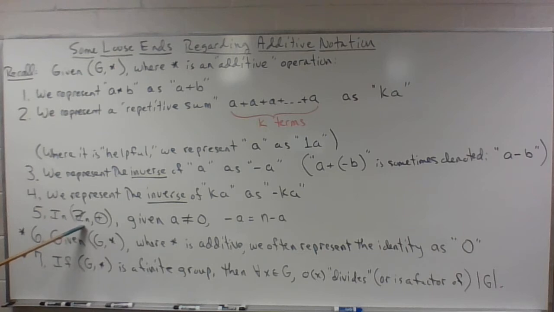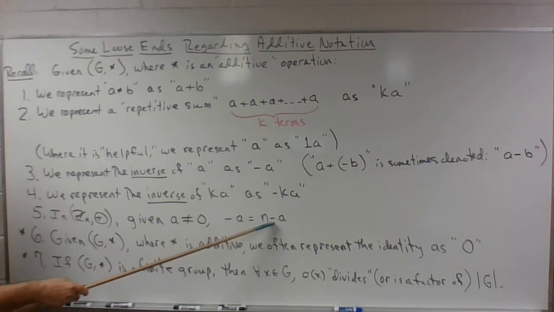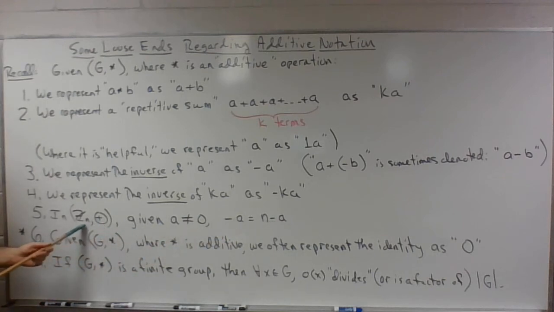And in the group Z sub n, with the operation addition modulo n, given that we have a non-zero element A, or an A that is not the identity element, negative A, the inverse of A, is the same as n minus A in this group Z sub n. And remember, Z sub n is the set of remainders modulo n. So Z sub n would be the set of numbers 0, 1, 2, 3, ... n minus 1.